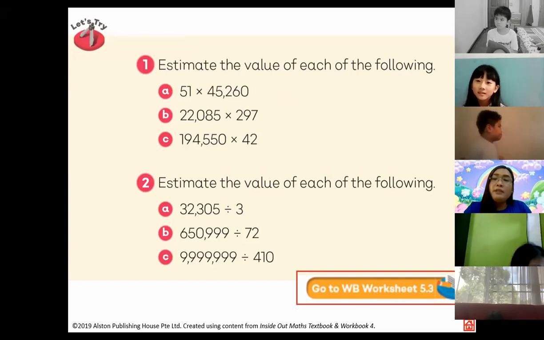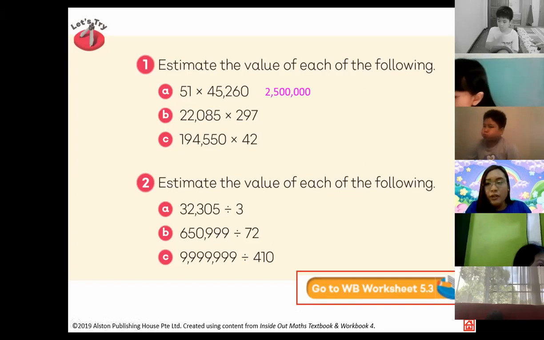Very good. So the answer for letter A is 2,500,000. Okay, very good, Boom.